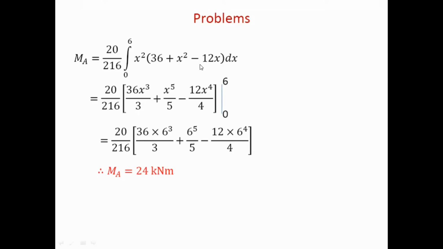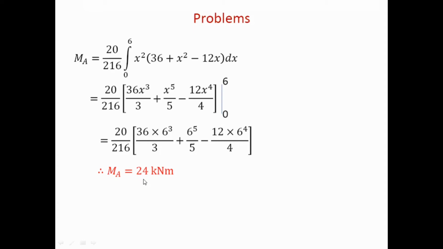Third term is minus 12x into x square, so it becomes minus 12x cube, and its integration is minus 12x raised to 4 upon 4, with limits 0 to 6. So we have substituted all the appropriate limits and simplified further, and we have found that MA is 24 kilonewton meter. MA is 24 kilonewton meter.